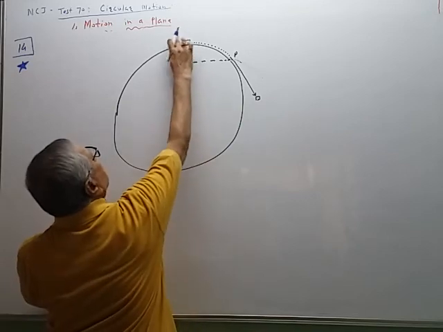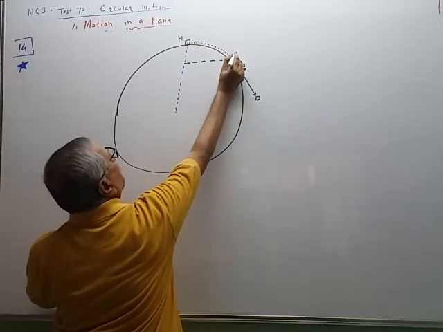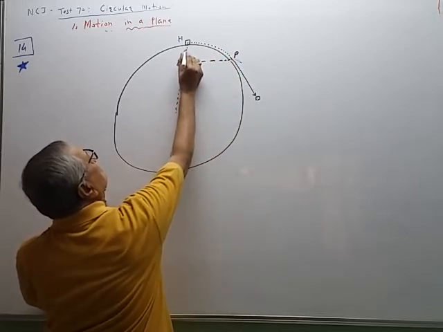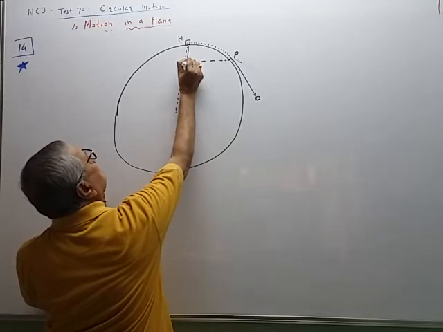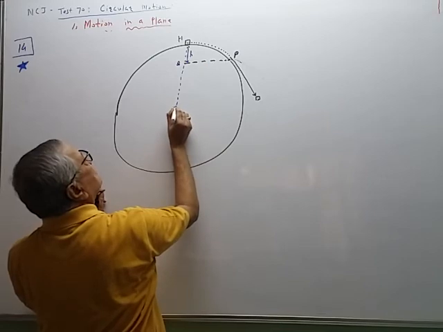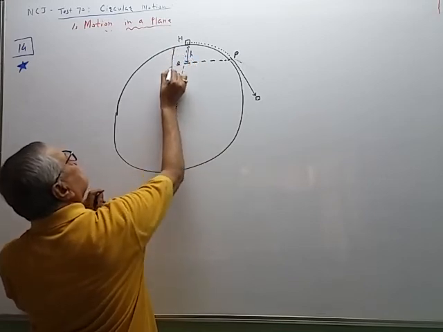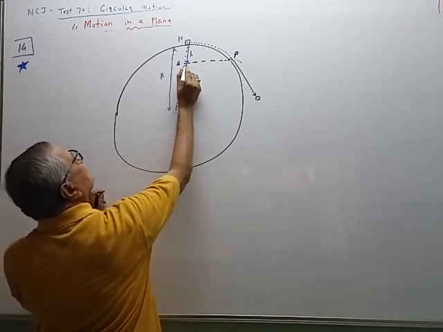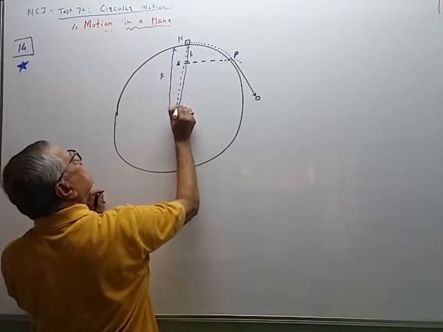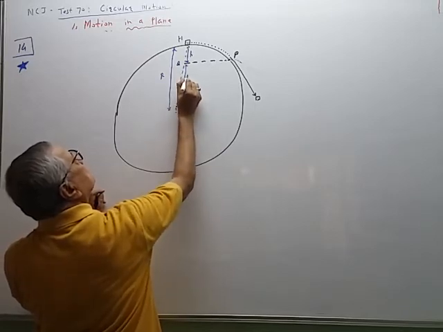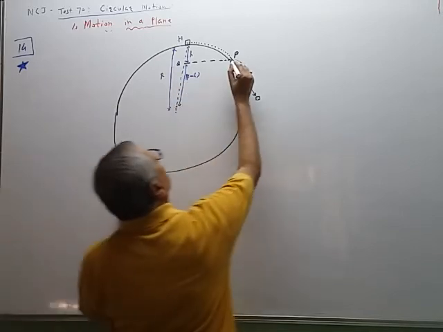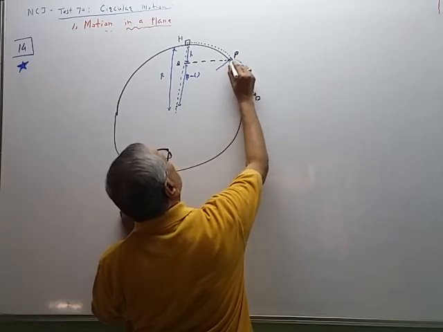I will denote this point H, the highest point, P, the point where the body leaves the circle. This is Q, this is h. This is the center O, this is R. This is R minus h. This is the direction of the centripetal force.